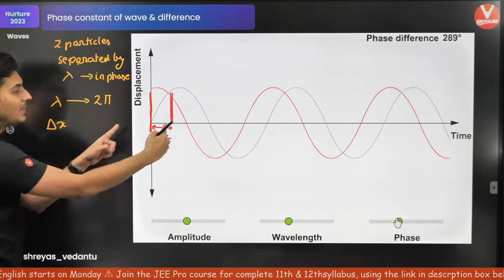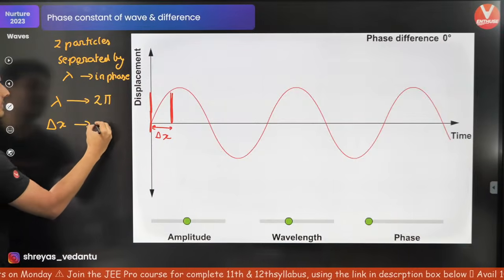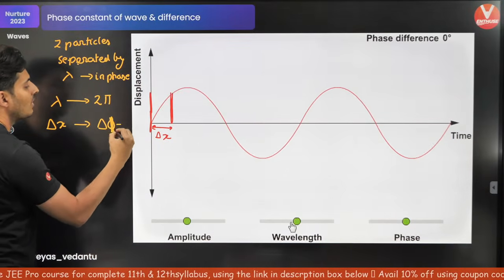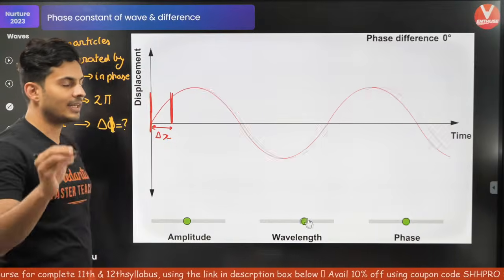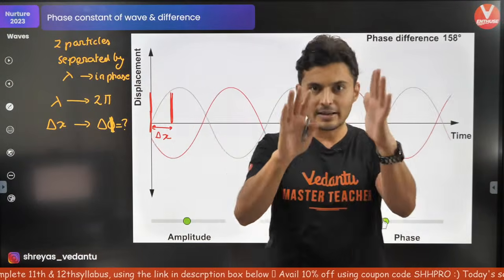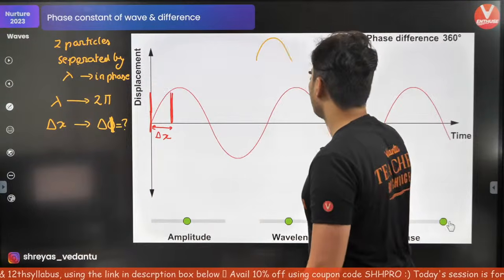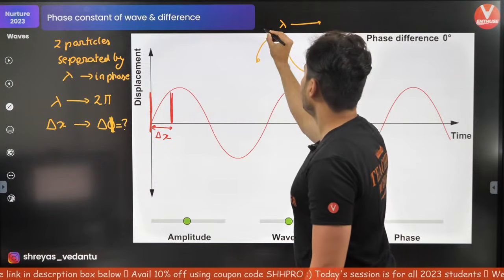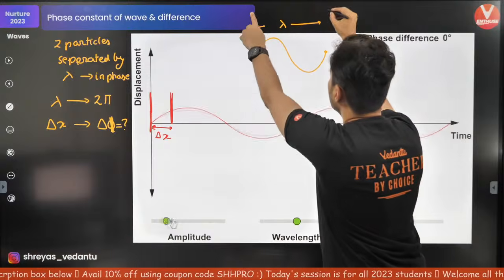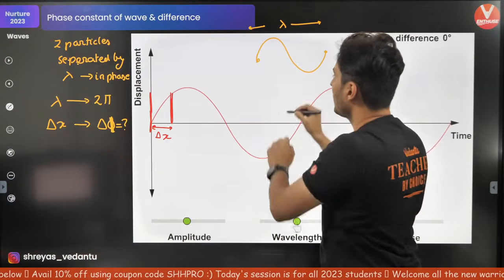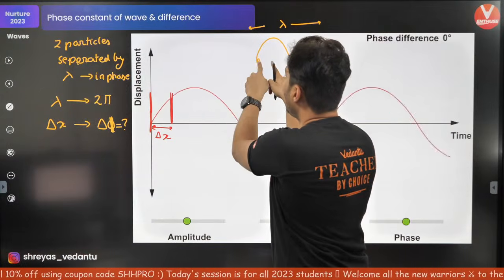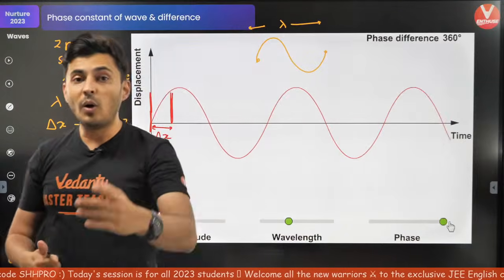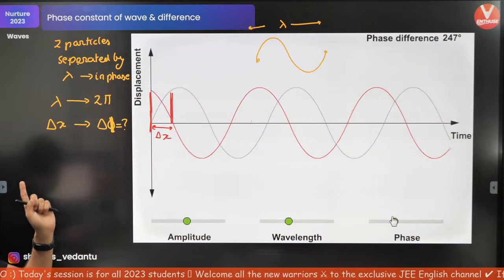When the distance between the two particles is delta x, what is the phase difference delta phi? That's the question. I repeat, when you have a wave like this separated by wavelength lambda, the phase difference between these two particles is 2 pi. But if two particles are separated by some other distance delta x, then what is the phase difference between them?